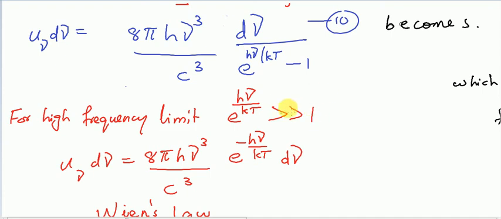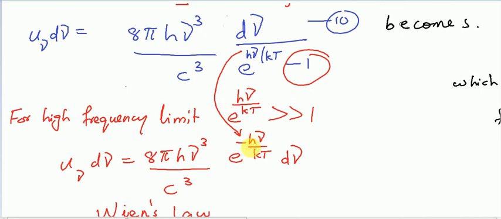So we can neglect the 1 in e to the power h nu by kT minus 1, and what remains is that e to the power h nu by kT we can take to the numerator. That is why it became e to the power negative h nu by kT.